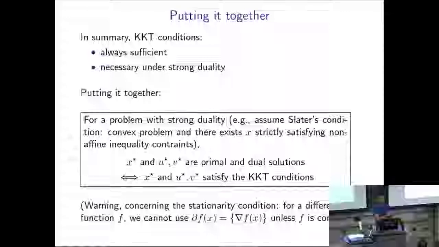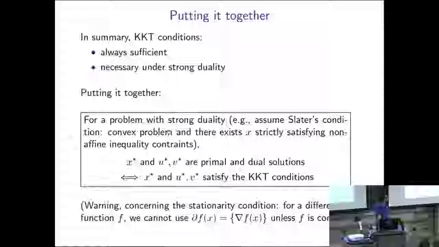So if you're looking at a primal problem that has a dual that's tight, so we have strong duality, then they'll be necessary as well. I think this is the most accurate summary of the KKT conditions. But sometimes you might be thinking about convex problems in particular, as we mostly do in this class.